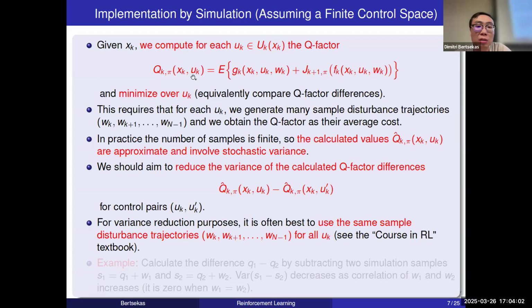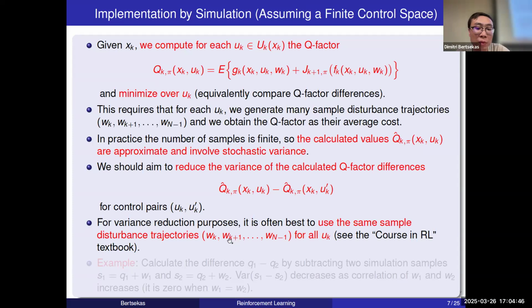For example, if we're going to evaluate different Q-factors, u_k and u_k prime are not the same, which means x_{k+1}, generated after applying u_k, may be different from x_{k+1} prime generated after applying u_k prime. So what we need is that all those random disturbances can be generated regardless of the state that we land on, and they should share the same distribution.